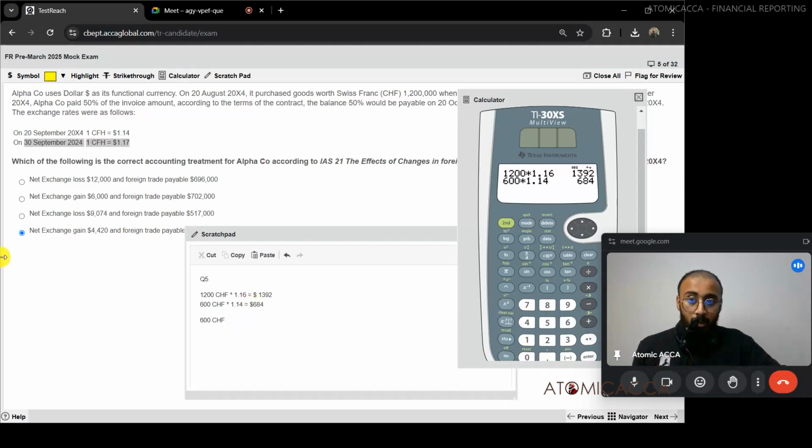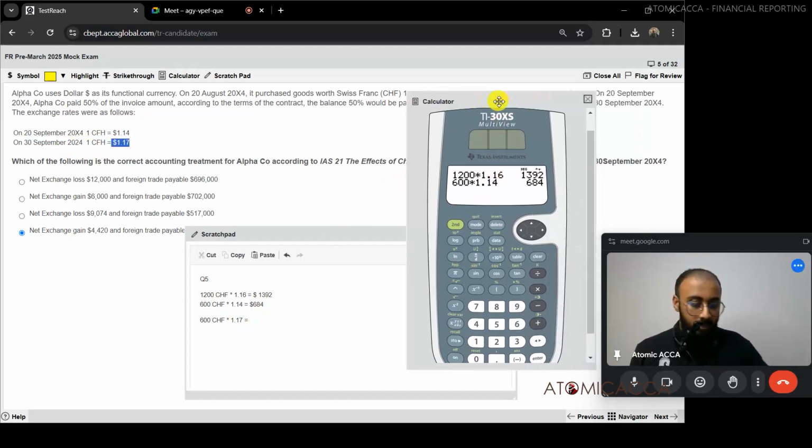Now what is the closing rate? It's a monetary item, we have to convert it at the closing rate, so that is 1.17. So 600 multiplied by 1.17, that is equal to 702. So 702 is the closing payable.